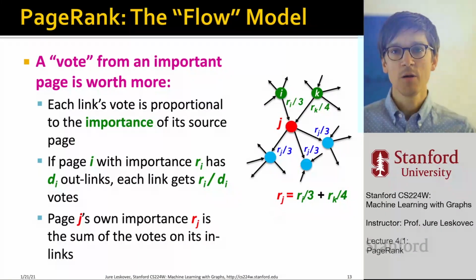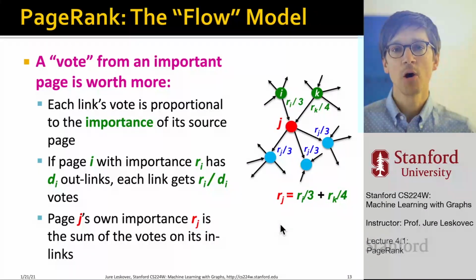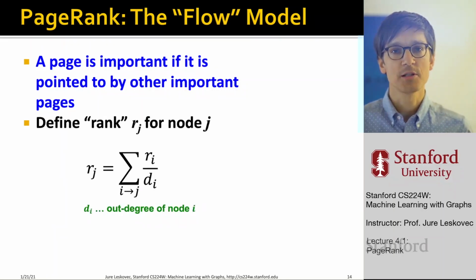So you collect your importance from the nodes that point to you, and then you split your importance equally among everyone you point to and pass it on to them. That's the idea of this flow model of PageRank. What this means is that a page is important if it is pointed to by other important pages.